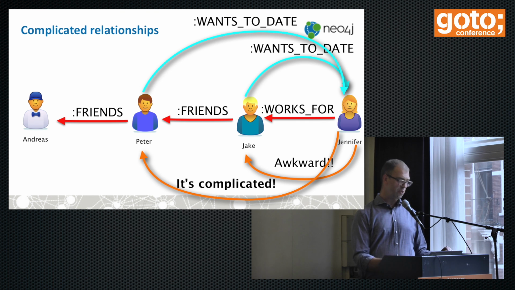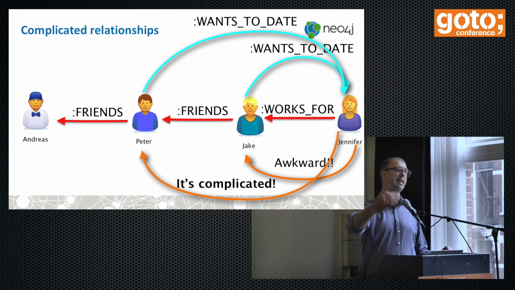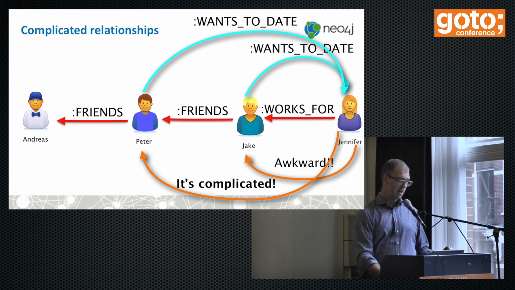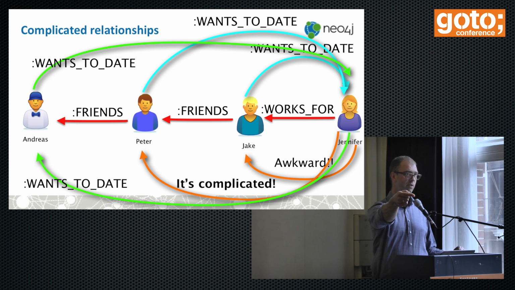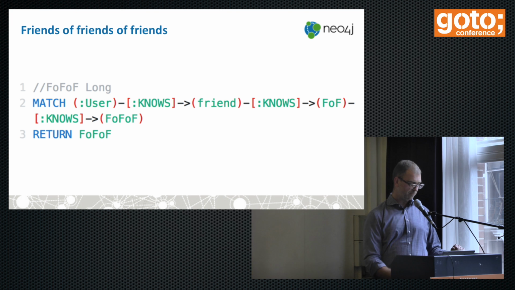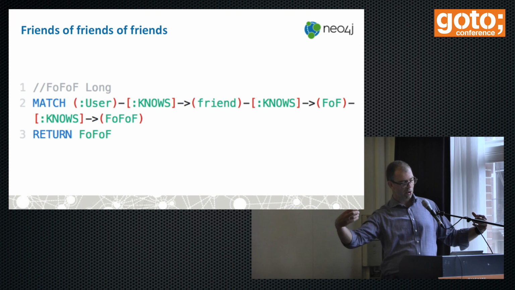For this particular situation where the first hop is a works for relationship, and after that you have friends relationships, it's actually much more interesting to look 3 hops into the network, right? Not just 2 hops, but also 3 hops. And I showed you earlier how easy it is to do that, right? So you can draw out these patterns.